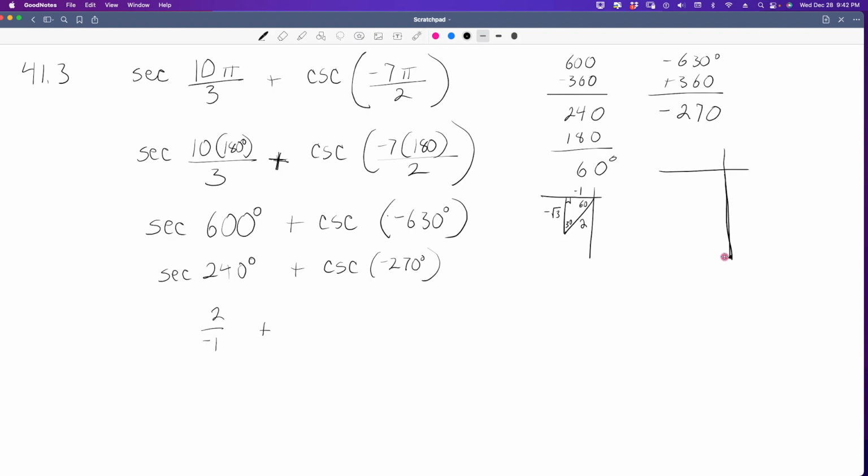So I'm trying to remember the terminal right here. I think this is 1, and this is 1, and this is 0, if I remember it correctly.